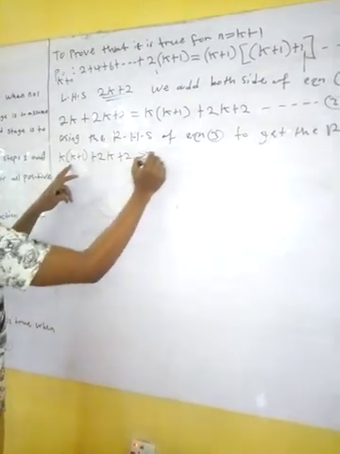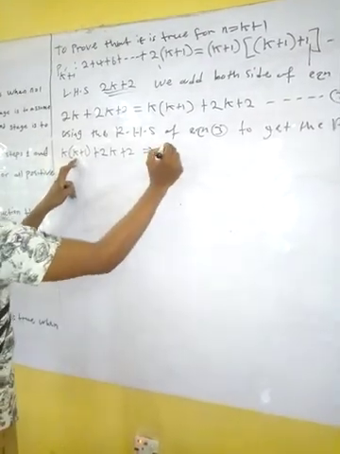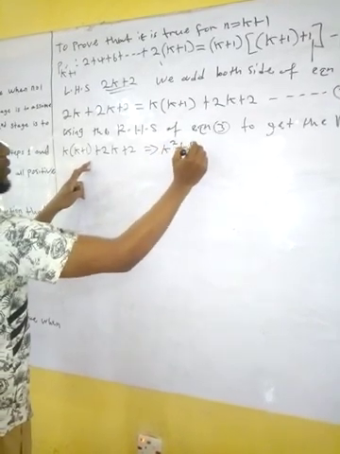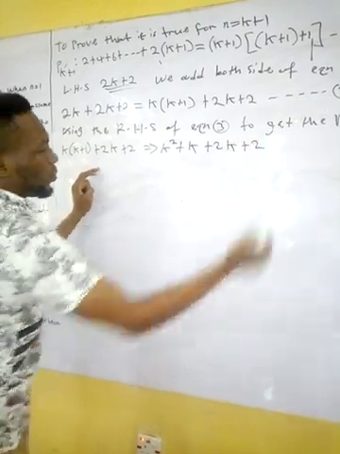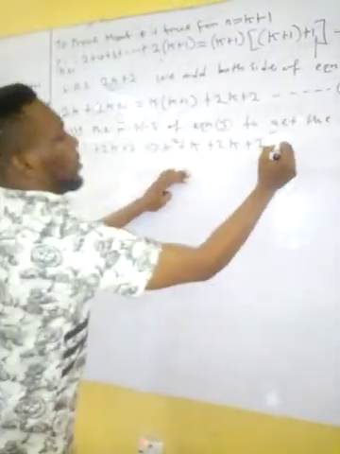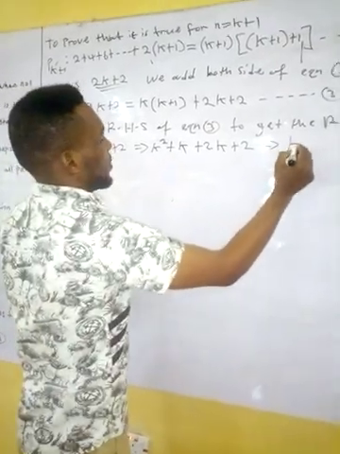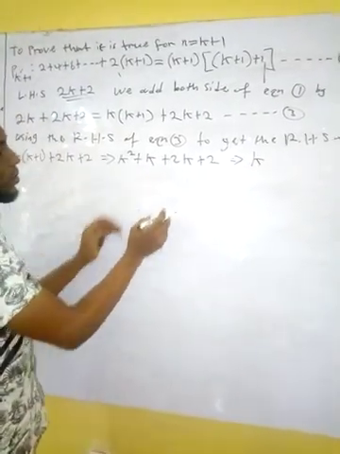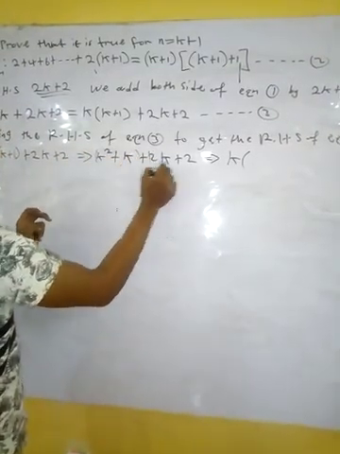This implies we have k times k is k squared, k times 1 is k, plus 2k plus 2. Now we can factor this out.